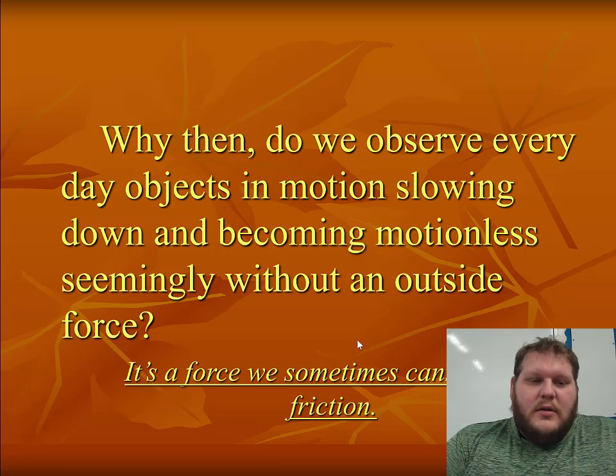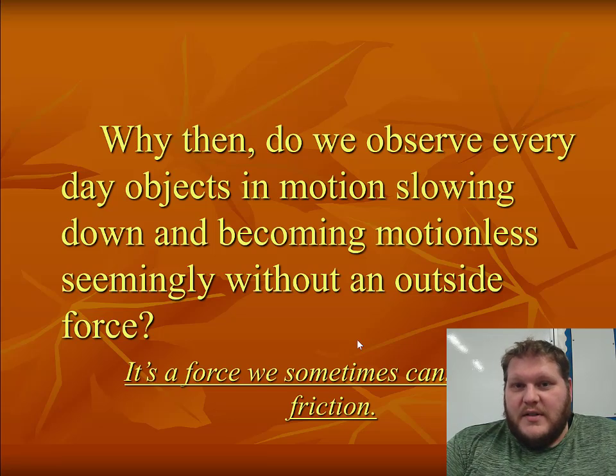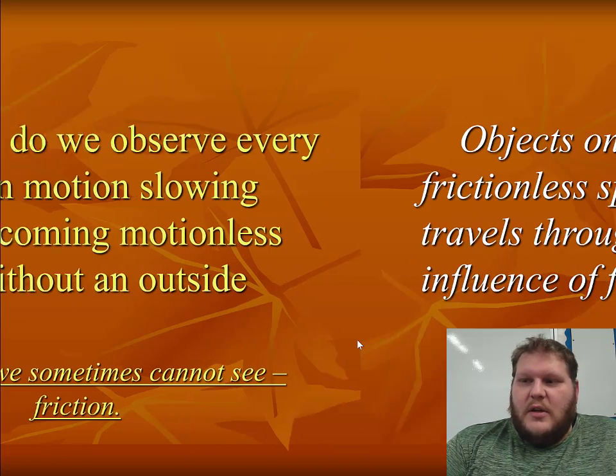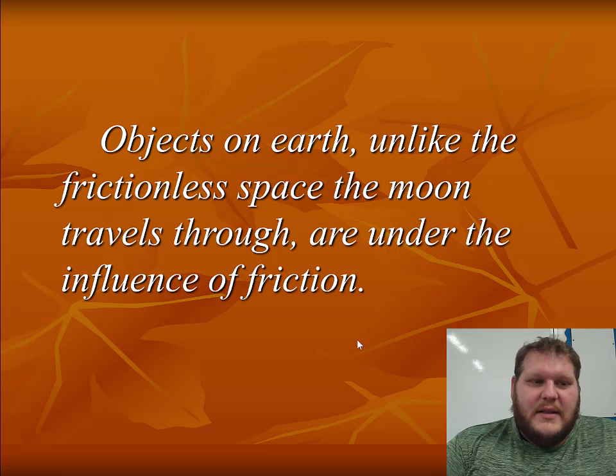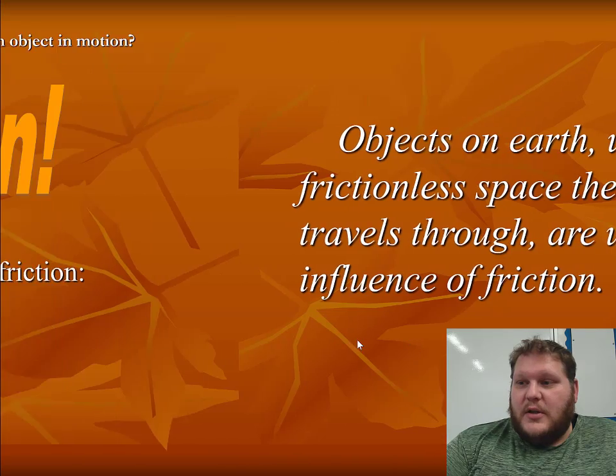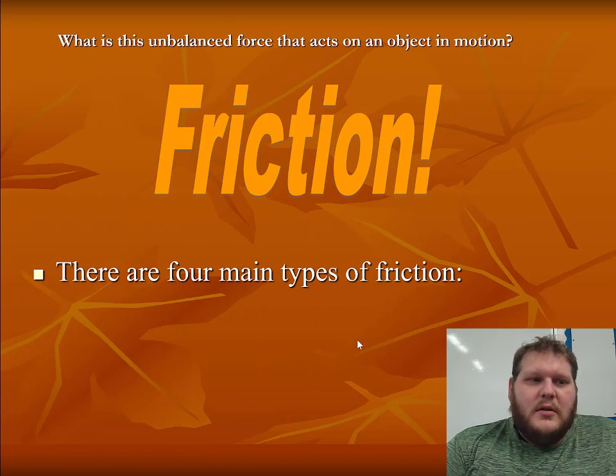Friction is the most common invisible force that we don't usually think about. So on Earth, unlike objects in space, they're under the influence of friction. So we're going to talk a little bit about friction here.